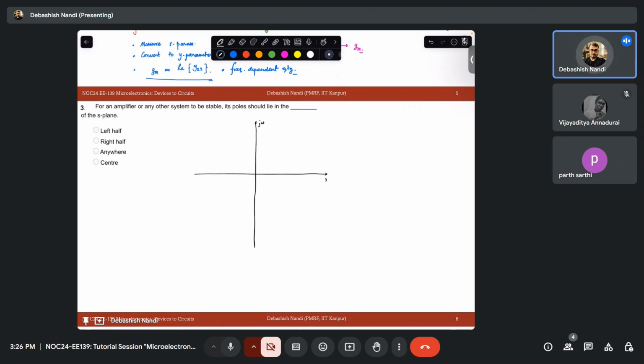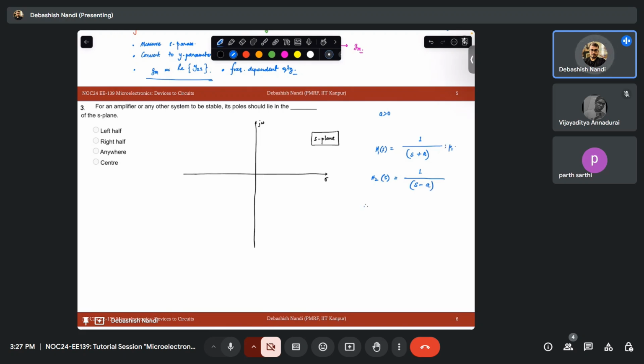So this is your S plane, right? Basically, what is happening is, let's say you have a transfer function, 1 over S plus A, and let's say A greater than 0, and that is H1, and H2 of S is 1 over S minus A. So what is the pole location?